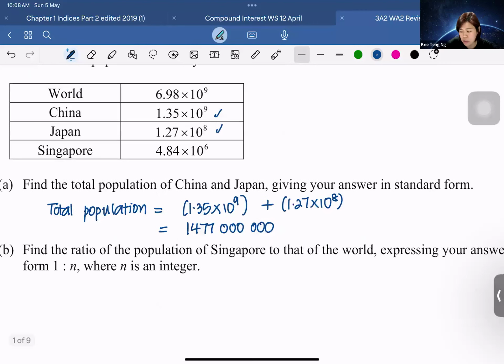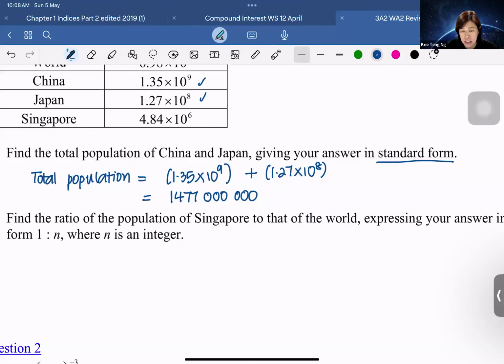Okay, and the question asks us to express this in standard form. So I need to have a number that is more than 1, less than 10. So I need to put my decimal place over here at this portion. That will be 1.477 times 10 to the power 1, 2, 3, 4, 5, 6, 7, 8, 9, right? This is a large number, so the power will be a positive number. So 1.47 times 10 to the power 9, that will be the answer.